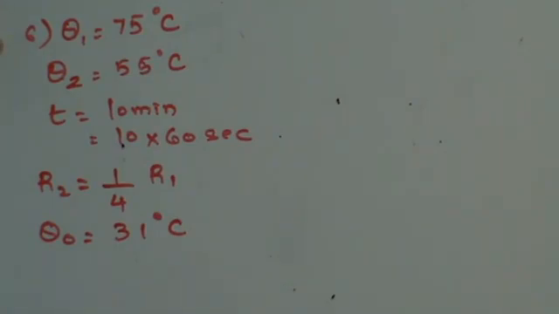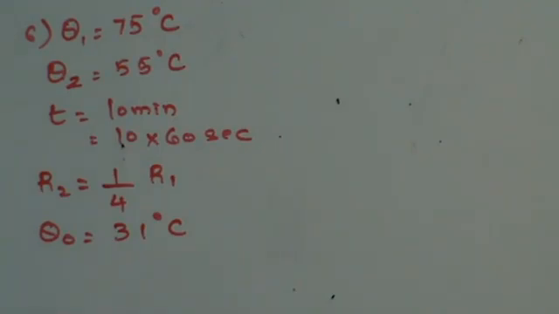They've given you the initial temperature, guys, see this. They've given you the initial temperature, final temperature, time, and they've also given you the temperature of the surrounding. They've also given you that the rate of cooling at a lower temperature, that's at 55, is 1/4 that at 75. Now, they've said that a body cools from 75 to 55.